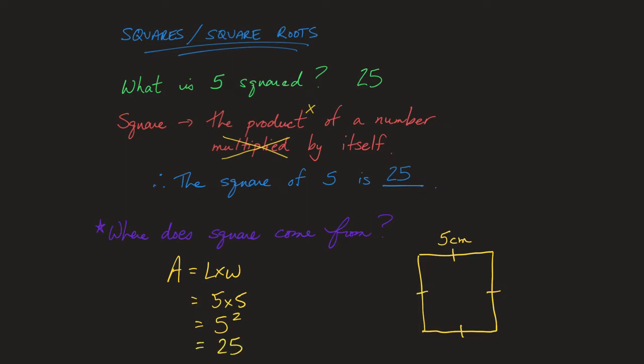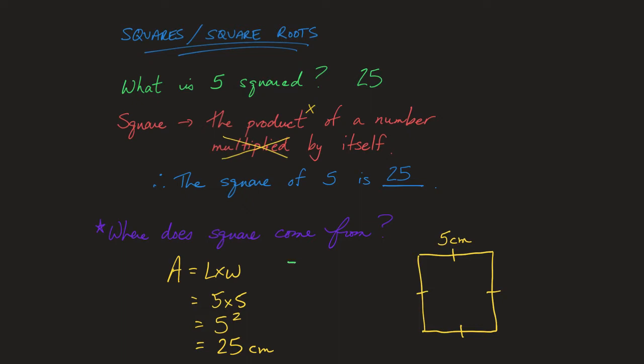Now, I would ask you, of course, 25 what? Because that answer is incomplete. And if you told me centimeters, we would be incorrect. I hope we are good at the difference between a linear unit and a squared unit.